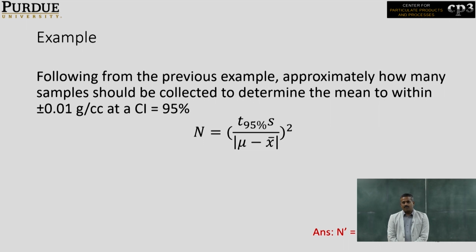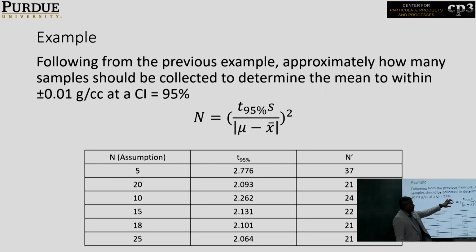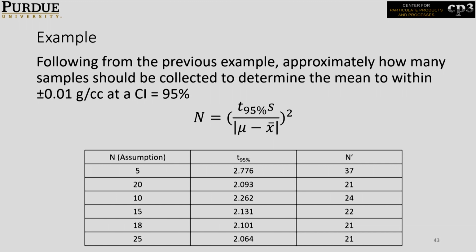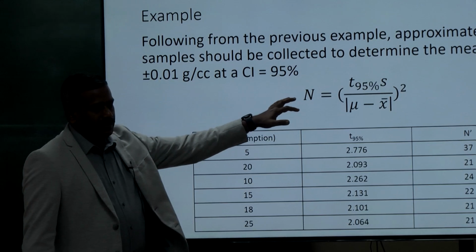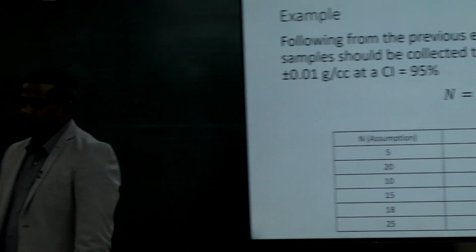So if you collect about 18 samples for this example, these all are direct plugging in numbers. Plug in the numbers, you get the values, okay. But if you wanted to get the number of samples, you'll have to do some arbitrary calculation.